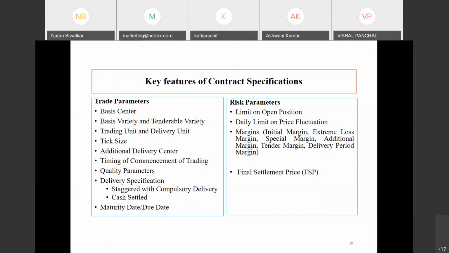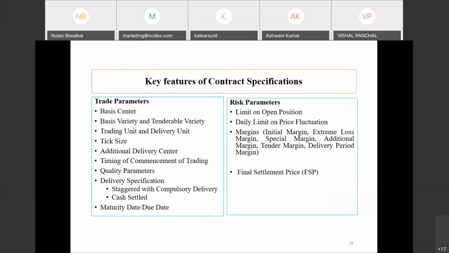So the contract specification should be in such a way that the seller should be able to freely transact, and there should not be fear in his mind that its supply is being cornered. At the same time, the contract is broad, which can accommodate both buyer and seller.